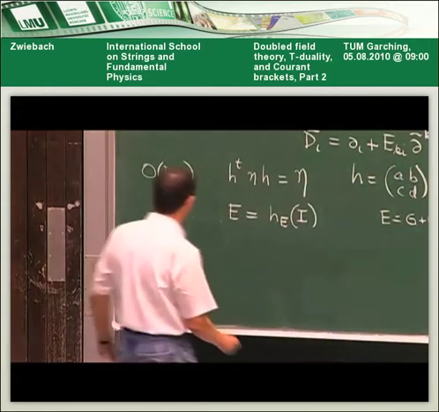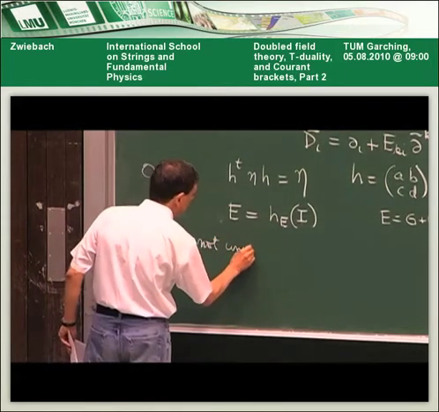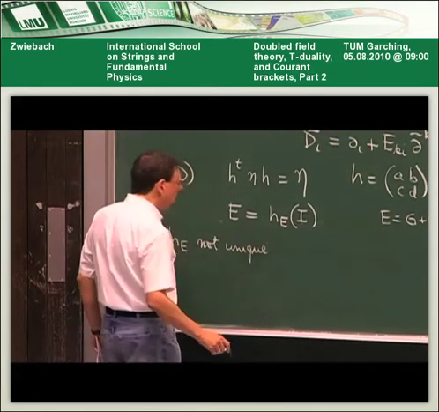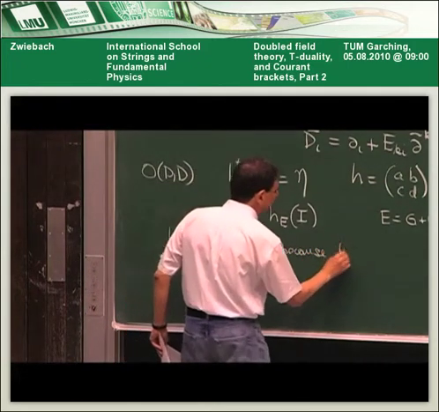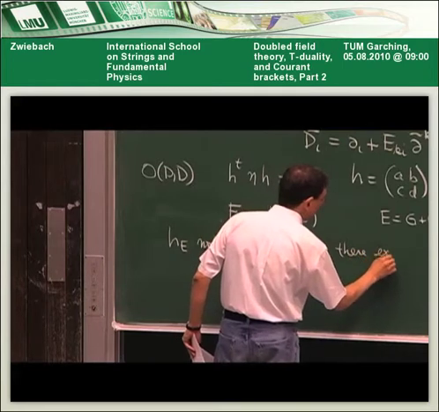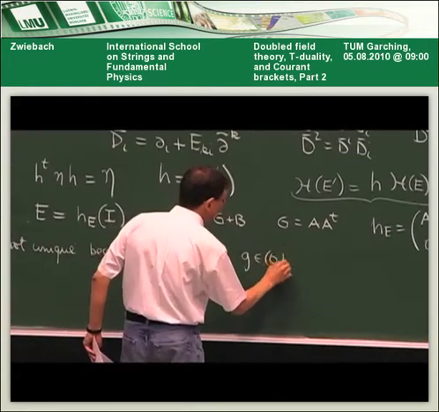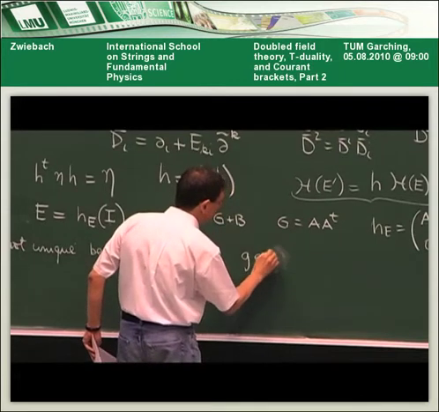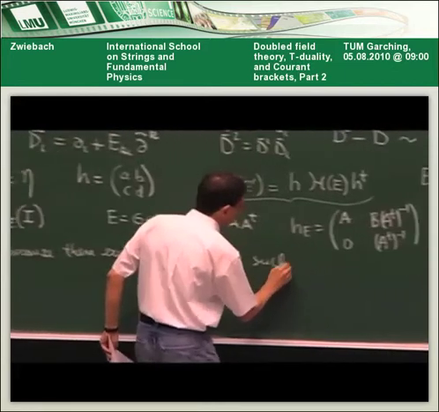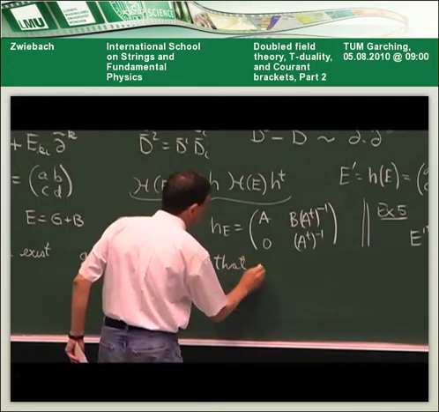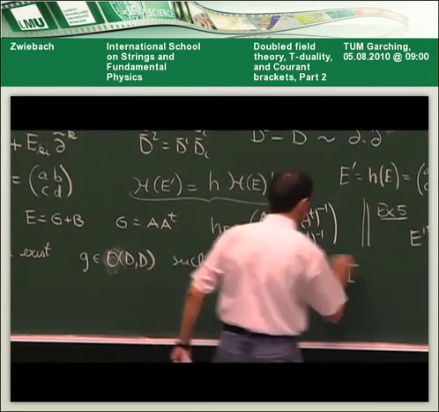And indeed, HE is not unique because there exist G's in ODD such that G acting on the identity still gives you the identity.